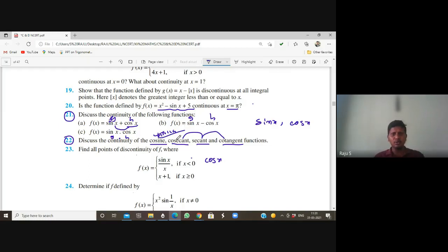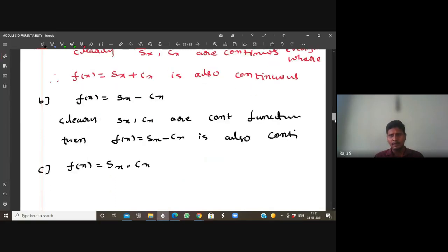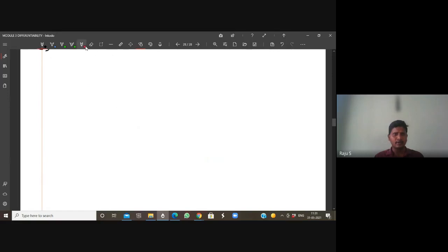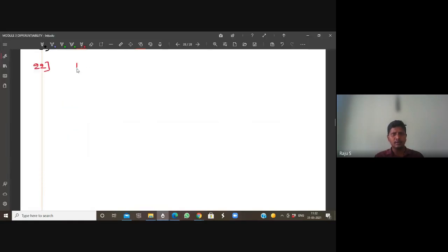Right, I'm going to do cosecant second. Let us consider the function f of x equal to cosecant x. Students, I said very clearly, what about cosecant?